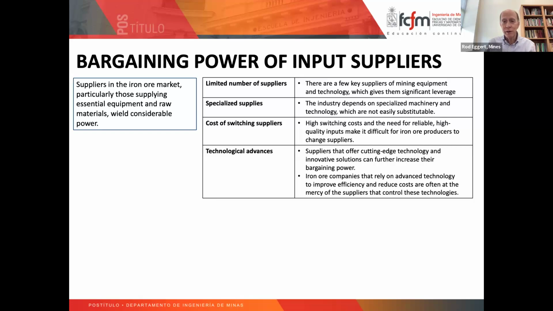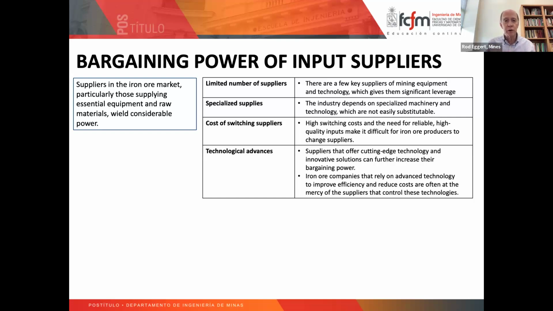There's a slightly different but related field called corporate strategy, which asks the question, what lines of business do we want to be in? And how do different lines of business complement one another, iron ore, potash, copper, and so on.